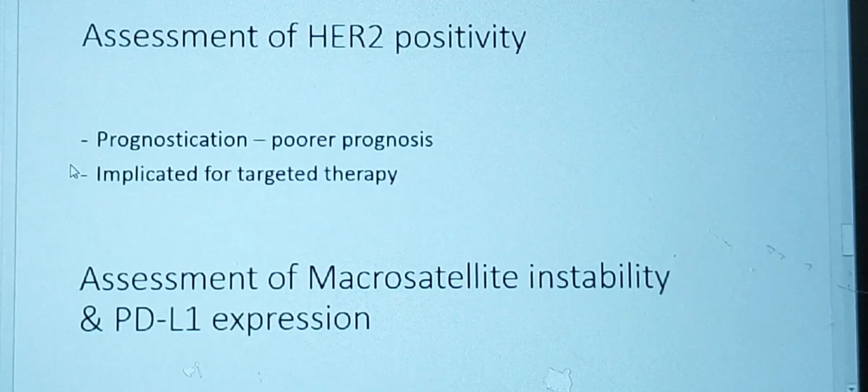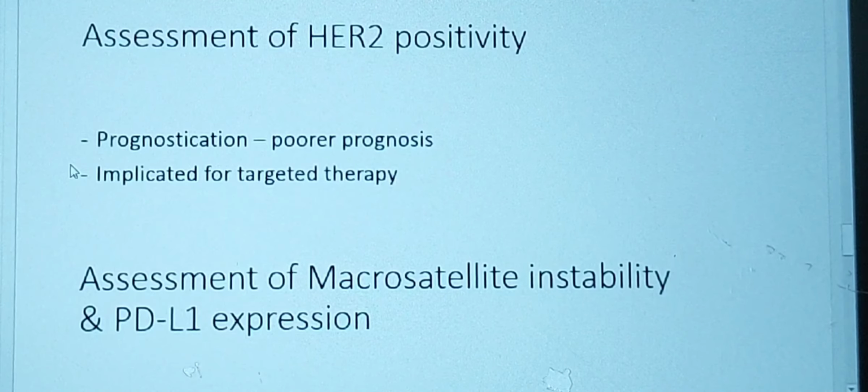Rarely do we assess for immunohistochemical staining. From the 2019 guideline of the Oncological Conference, they suggested testing for HER2 positivity, and also MSI, which is microsatellite instability, and also PD-L1 expression.